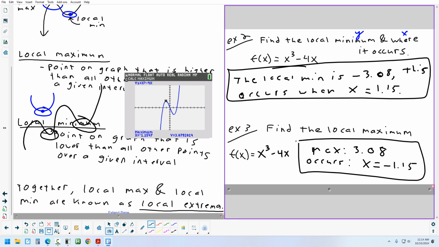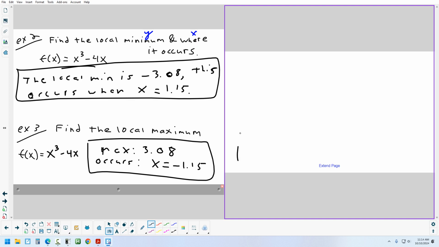Okay, and what finding mins and maxes does is allow us to explain where a function is increasing versus decreasing. Okay, so look at something like that. If you find this point and this point, you can break that function up into 3 sections.